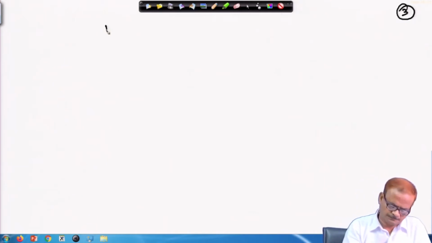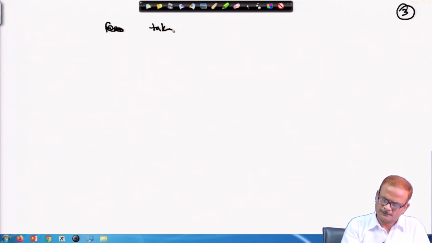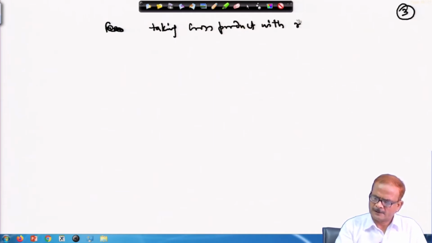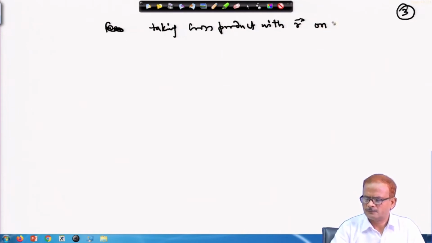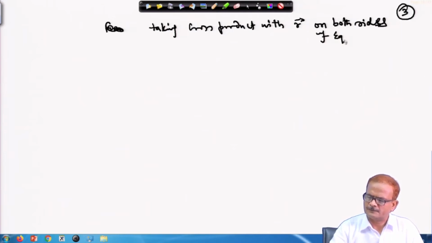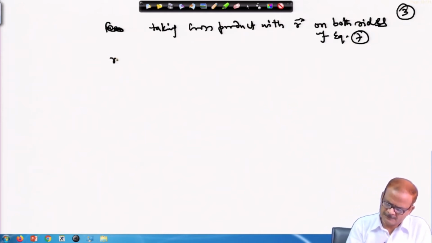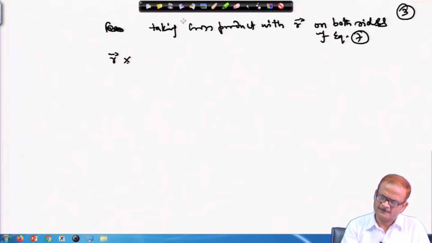So, taking cross product with r on both sides of equation 7. This is a bit of repetition of the previous thing, but therefore, I am going to do it quickly.